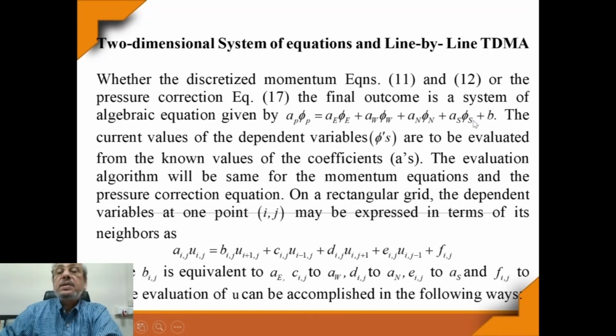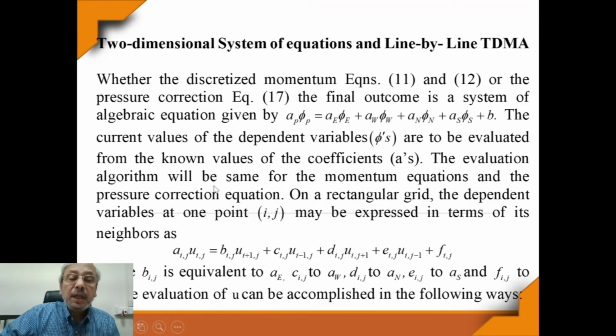Same is the style of expressing the V momentum equation and pressure equation. Always we get them in terms of neighboring variables and their coefficients. The current values of the dependent variables, phi, which may be U, V, or P, are to be evaluated from the known values of coefficients.